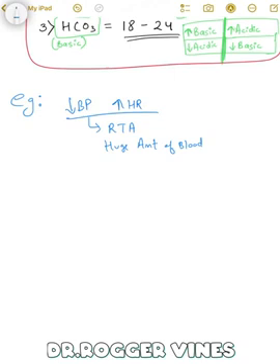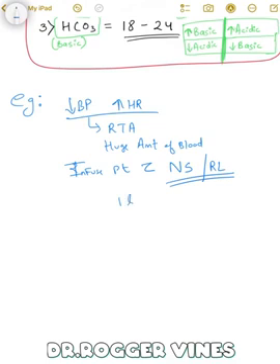The first management is to infuse normal saline or Ringer's lactate. At least a minimum of 1 liter of this fluid should be given in this patient.